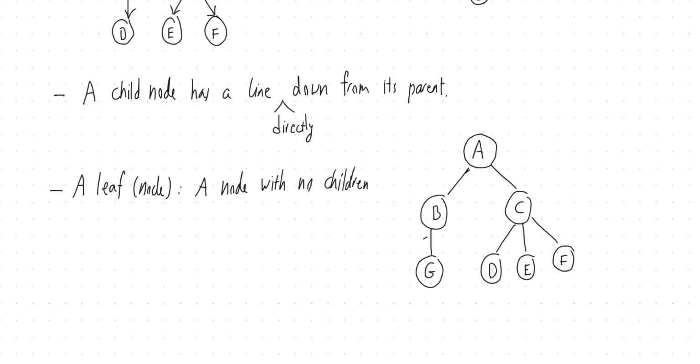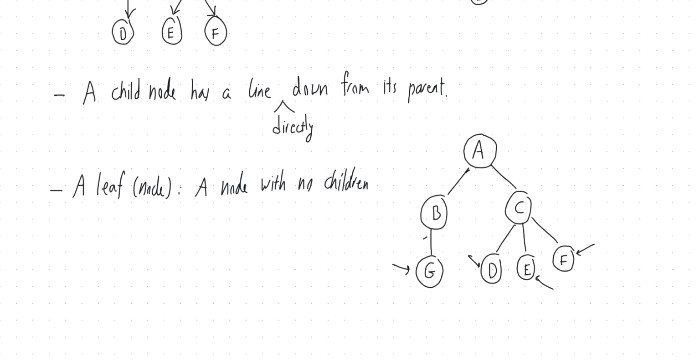Now, if you look at this graph here, G is a leaf. G doesn't have any children. D is also a leaf. E is also a leaf, and F is a leaf. So this tree here has 1, 2, 3, 4 leaves, 4 nodes where each one of them has no children.